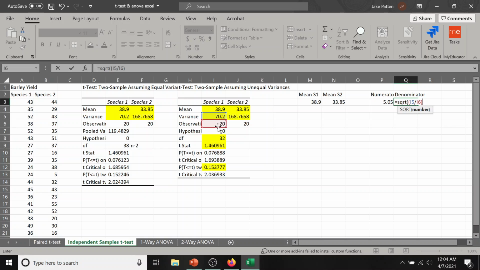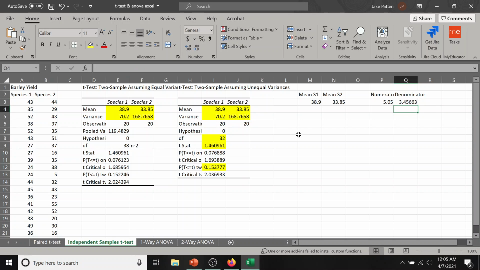Put those together. Then add that to another open parenthesis. This variance divided by this n. Hook those together, close the parentheses for a square root, and now you've got the denominator here.